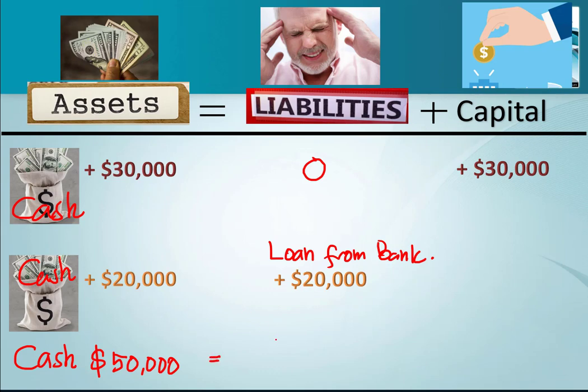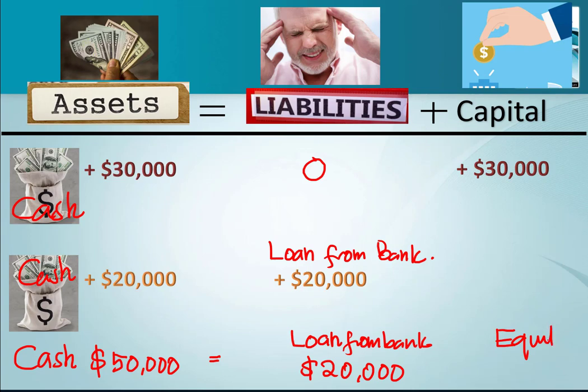Now you have a loan from bank. You have a loan or liability, loan from bank. The amount of your loan is 20,000 and the equity or capital contributed by the owner is 30,000.